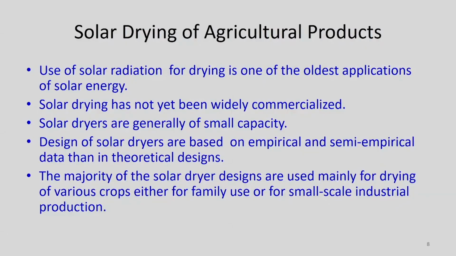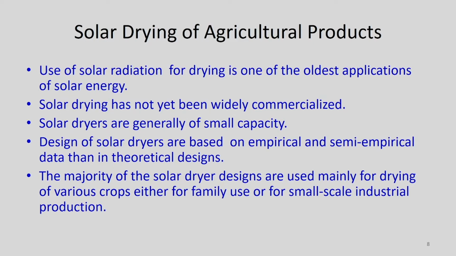Okay. Now, let us discuss about solar drying of agricultural products. The use of solar radiation for drying is one of the oldest applications of solar energy. Solar drying has not yet been widely commercialized because of many issues, and these solar dryers are generally of small capacity.